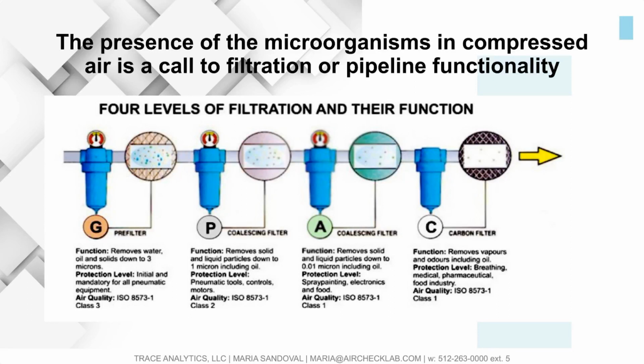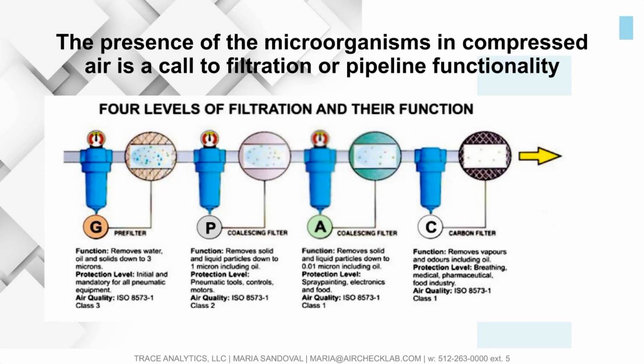And so you have pre-filters, you have coalescing filters, you have carbon filters. And based on what you need your point of use air for, you need to be choosing the most appropriate filter. And so if you are trying to get down to food grade air, you're obviously not going to just have a pre-filter that only goes down to class 3 air. That's just not going to cut it.